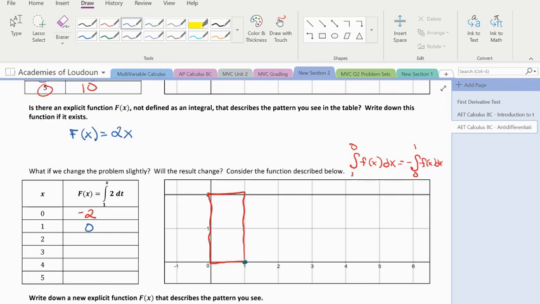And now, if I go from 1 to 2, I have 2. If I go from 1 to 3, I'll have 4. And it's fairly easy to see that if I go from 1 to 4, I have 6. And if I go from 1 to 5, I'll have 8.